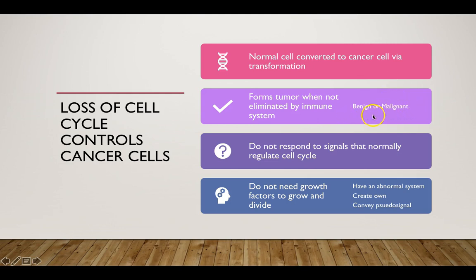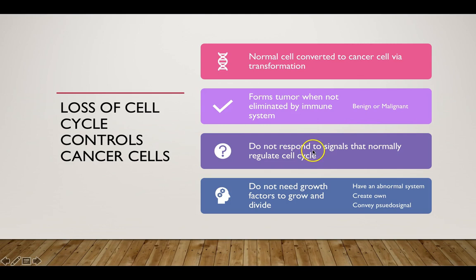And when it metastasizes, which you don't see here, that's when it actually begins to spread throughout the body. So you may have heard someone say it got in the blood or it got into their lymph system. And so you may have started off with breast cancer, but now it's spread to the lungs or spread to the liver or something like that. So that's when it has metastasized.